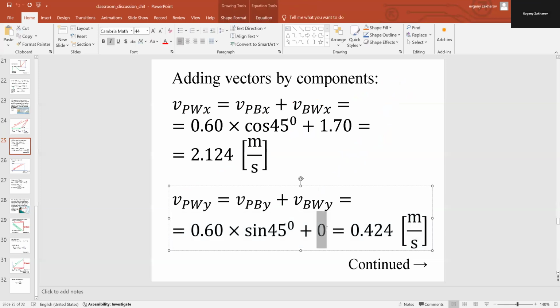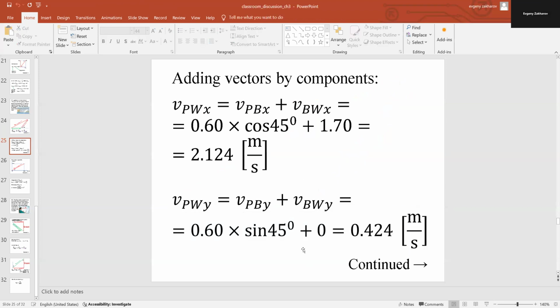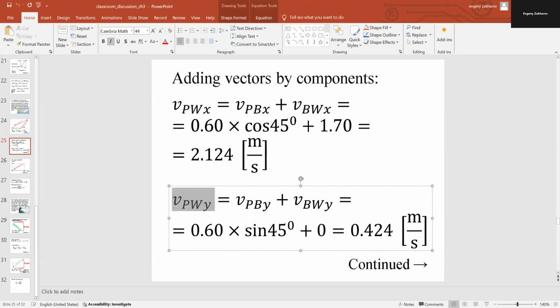That's why you have 0 for the y component for that vector, because it's perpendicular to y-axis. And then you do the math, you end up with this value. Once again, it's a little more sig figs because it's not the final answer. And now we have two components for the vector that we're looking for.